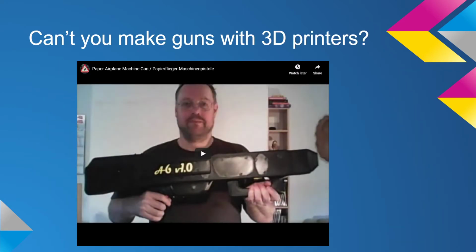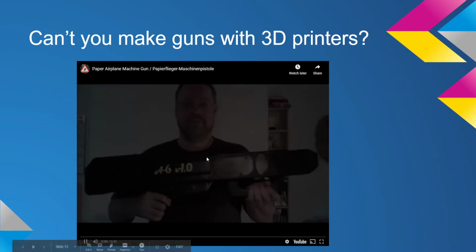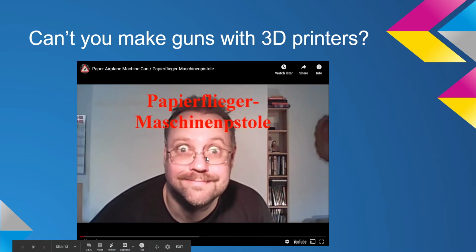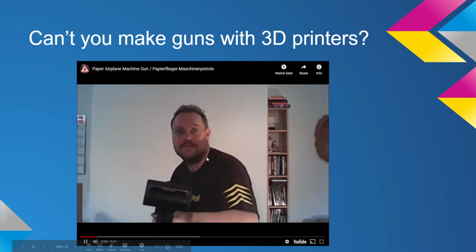A common question we get asked about 3D printing is, can you make guns? The short answer is, if it's at Makerspace 307, no, you cannot. But I like to use this as an example to the question of, why would you want to make a gun when you can make something as cool as what this gentleman has done?